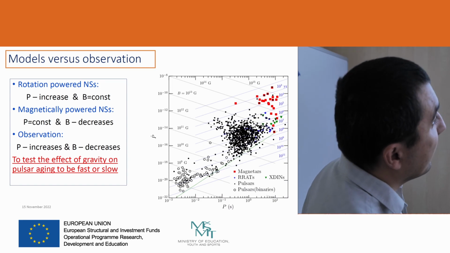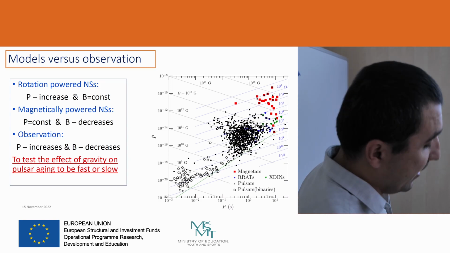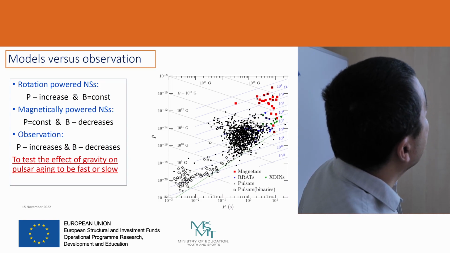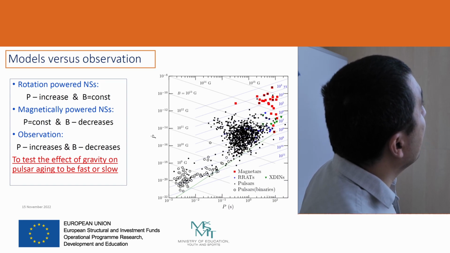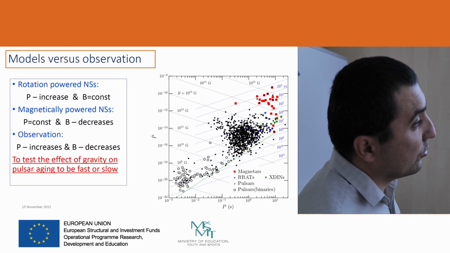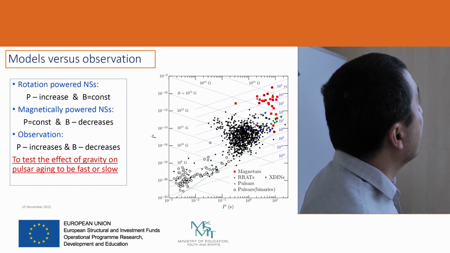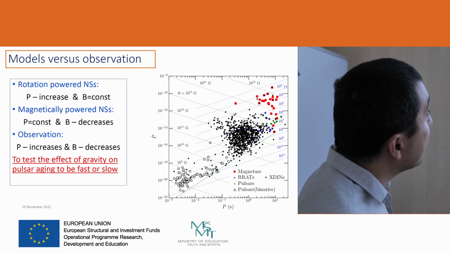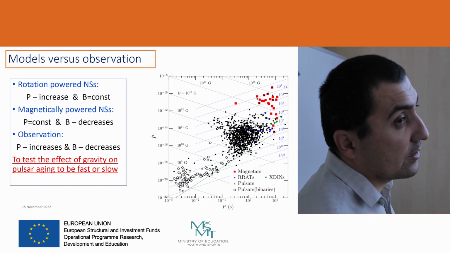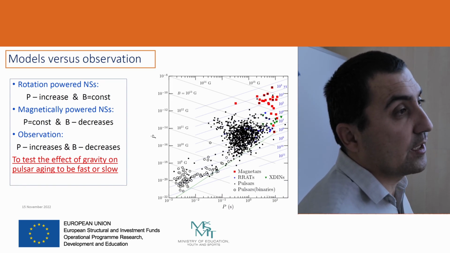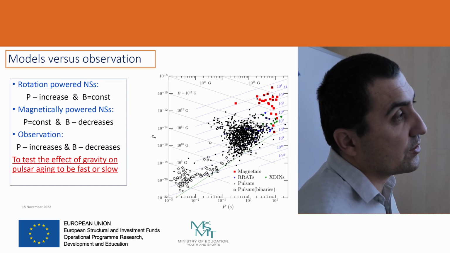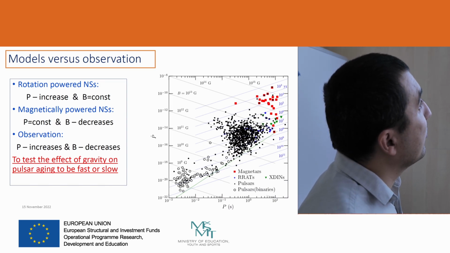As we said, a rotation-powered pulsar should slow down, so its period should increase, and the magnetic field does not play a role in the energetic source of neutron stars. It should be constant.